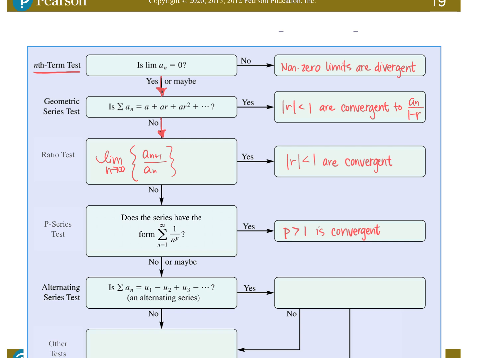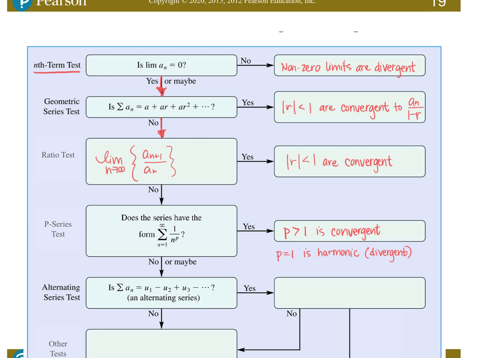P being equal to 1 is harmonic, which is automatically divergent as well. We proved that. Unless we can show that it is alternating harmonic.